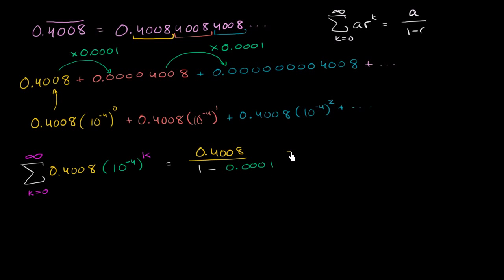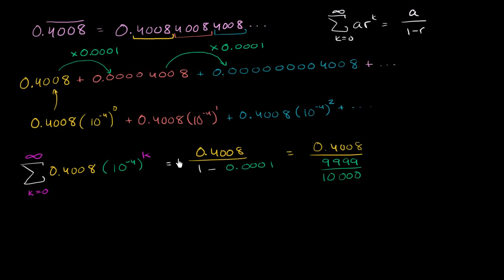So what's this going to be? Well, this is going to be the same thing as 0.4008 over 1 minus 1/10,000th. You could use 10,000 10,000ths minus 1/10,000th, and you're going to have 9,999 10,000ths.